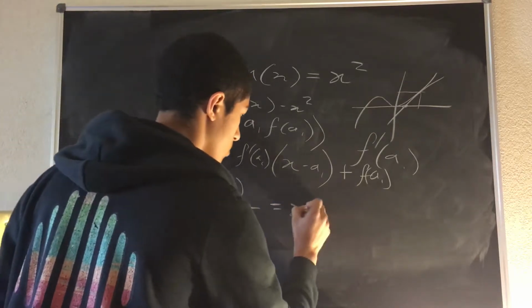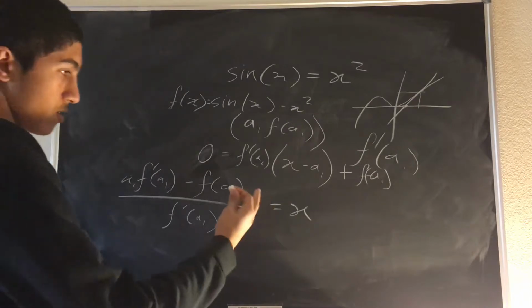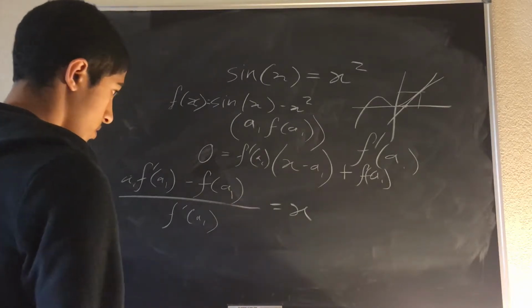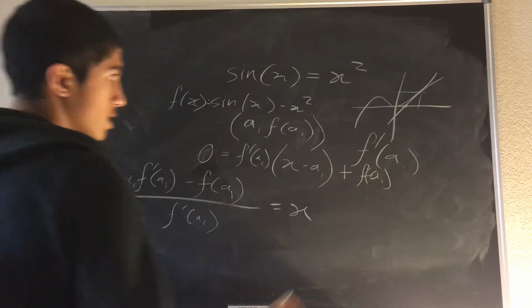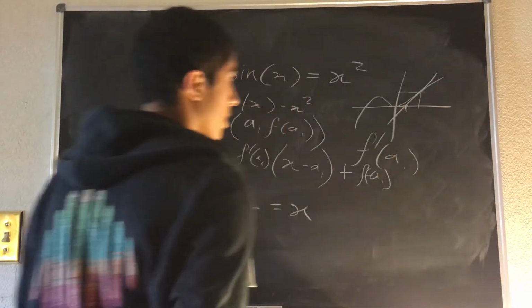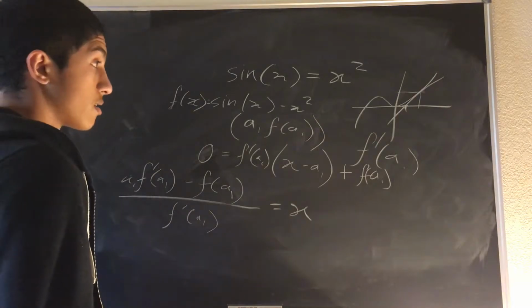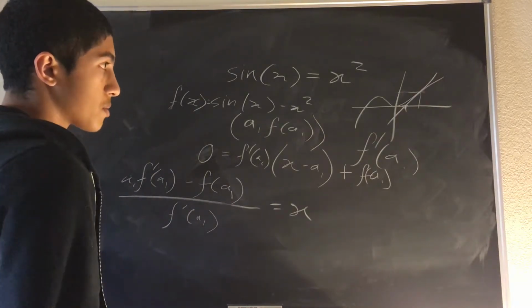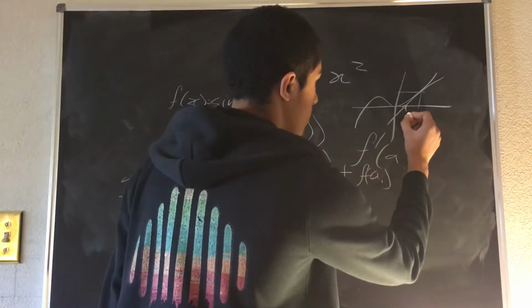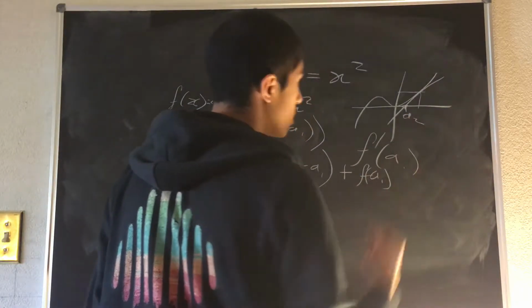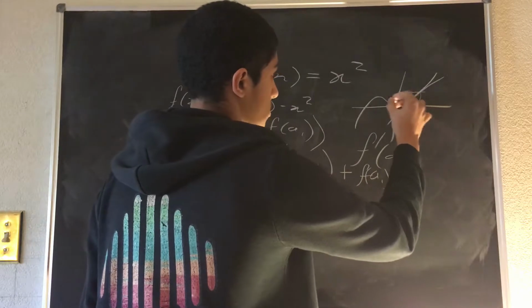And you can work that out at home. It definitely checks out. And so now what we've succeeded in doing is calculating the x-intercept of our tangent line, the intercept of our tangent line with the x-axis. And the intercept of our tangent line with the x-axis we will name a2, and we will iterate the process.